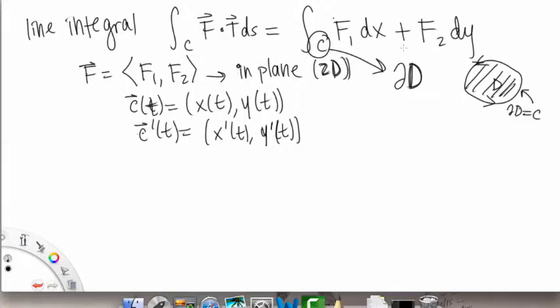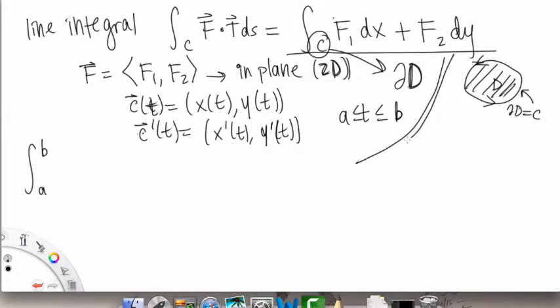And so a way I could rewrite this line here is the following. I would have the integral from a to b. Oh, also, sorry, for t we usually put bounds, and these are the bounds on our parameter variable, so this is going from a to b. And now we're going to put everything in terms of C of t.